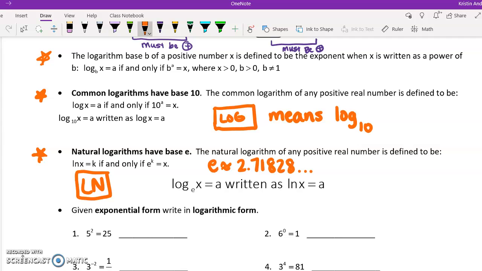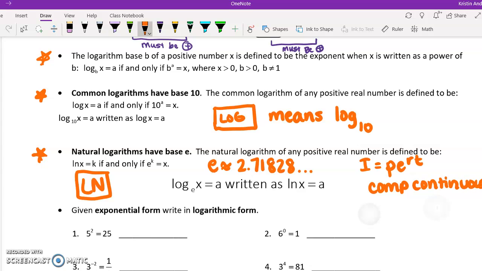That number is used commonly in interest formulas and things in economics and all kinds of stuff. But that's a number that pops up a lot. So since e is also a power, you might remember interest equals principal times e to the rate times time. That's an interest compounded continuously formula.